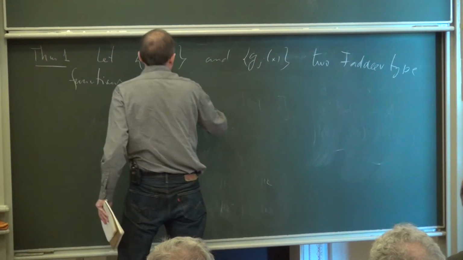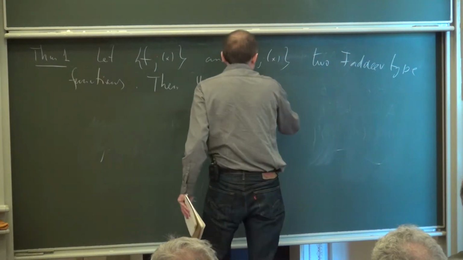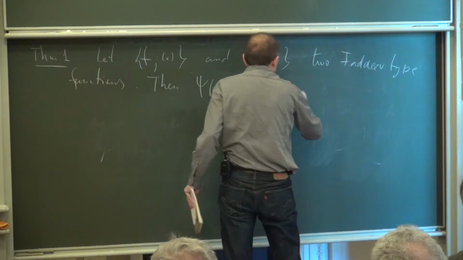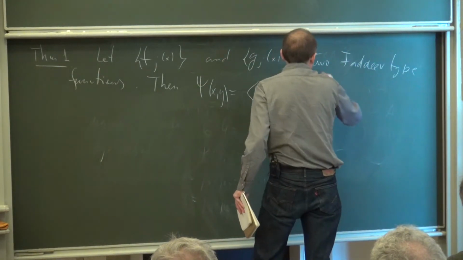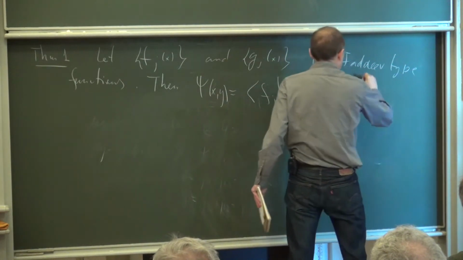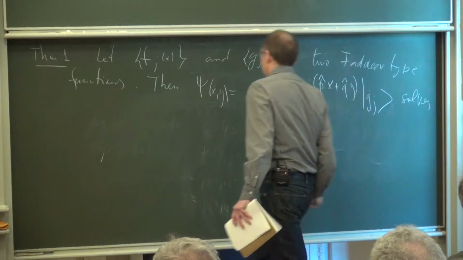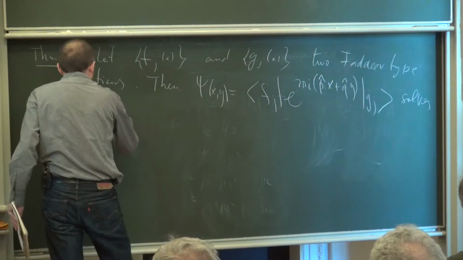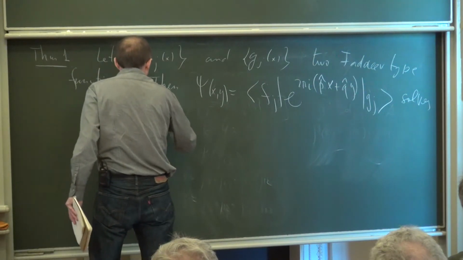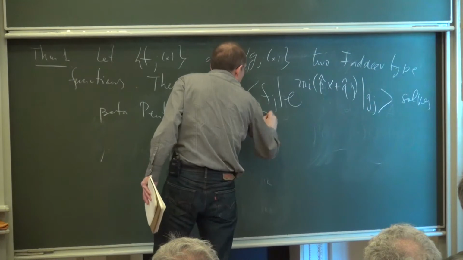Then psi of x, y given by f_j, e to the 2 pi i (p hat x plus q hat y), g_j solves the beta pentagon with A equal to R.